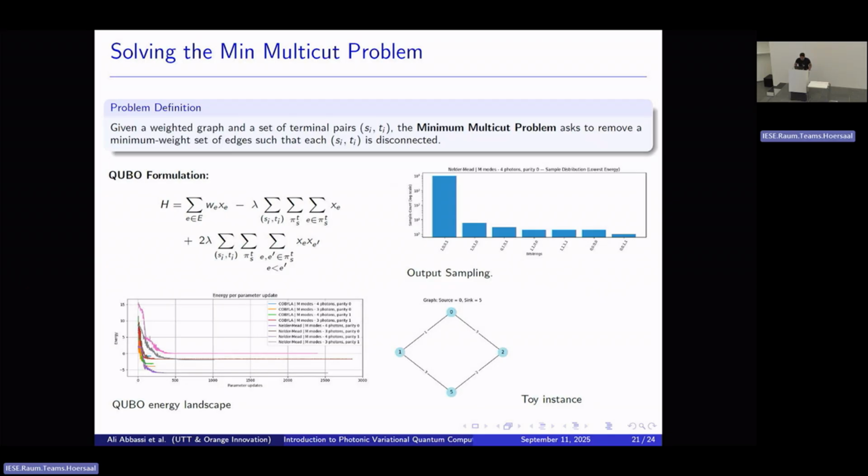So here is a small toy case example. This is a min cut, polynomial time solvable, brute force solvable, very easy, but it's more of a preliminary result. So a quick reminder of the QUBO without the slack variables when expanded. This is our Hamiltonian. We do the workflow we mentioned.